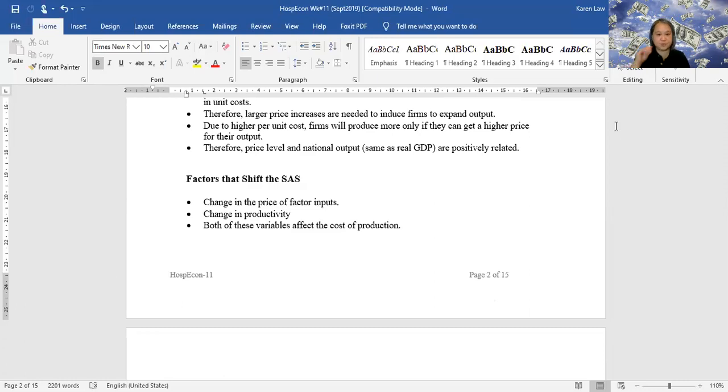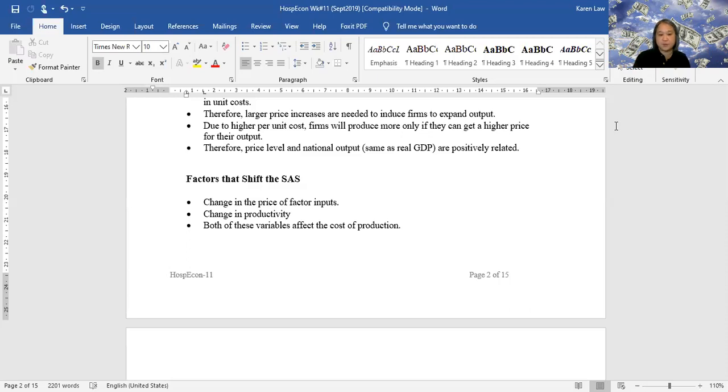It's pretty simple. An increase in input costs, so wages, your ingredients, oil prices, the price of any commodities will start to affect a company's supply, because if your expenses have increased, you're not going to be able to produce as much.